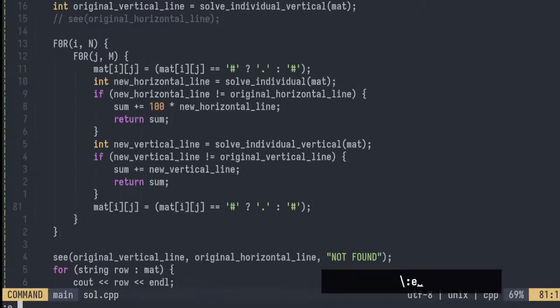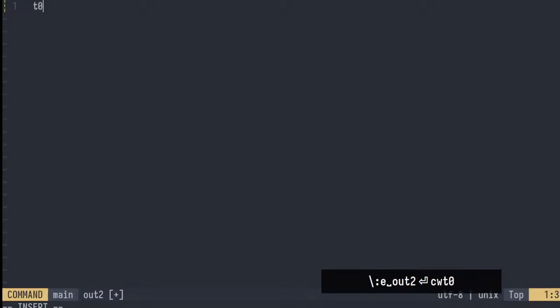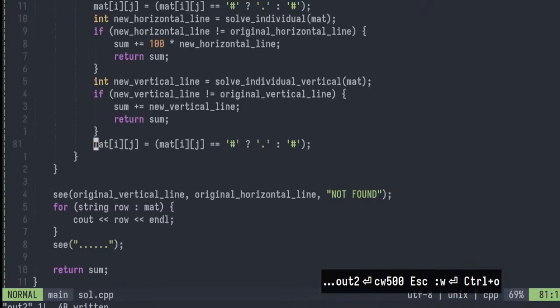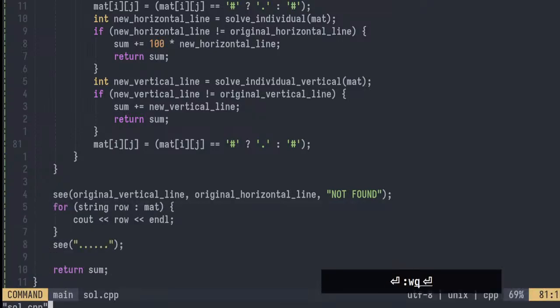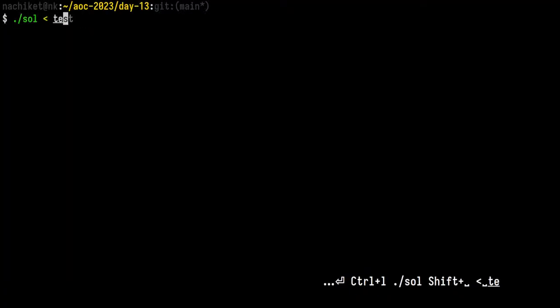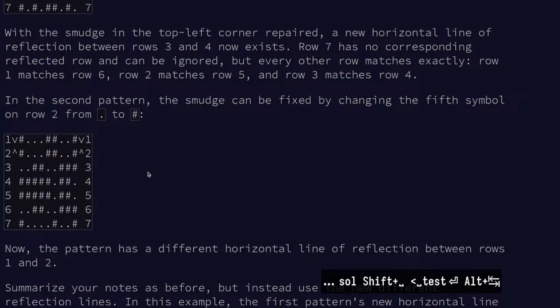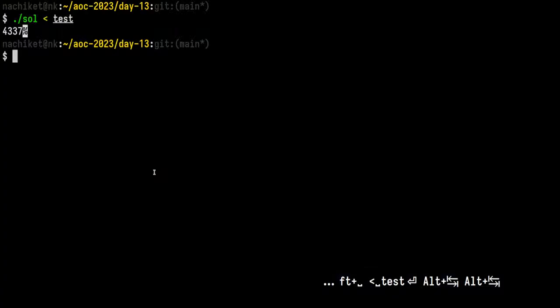Let's change this output as 500. It's even smaller output. This cannot be the answer.